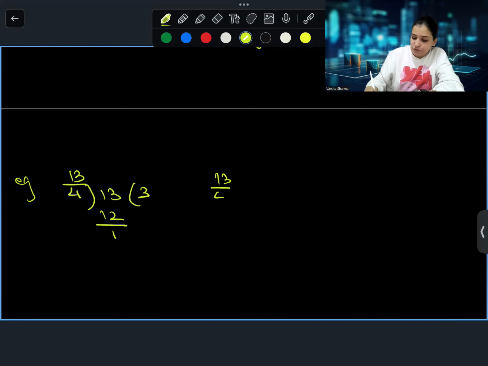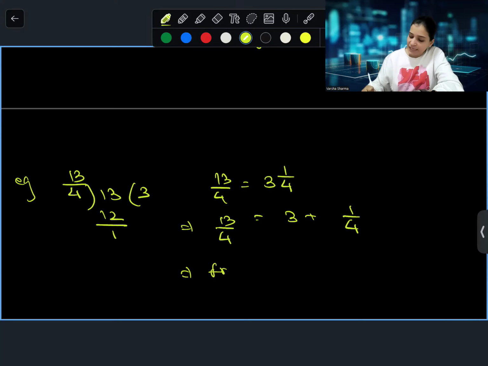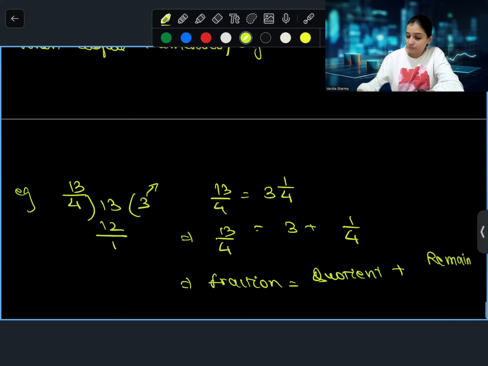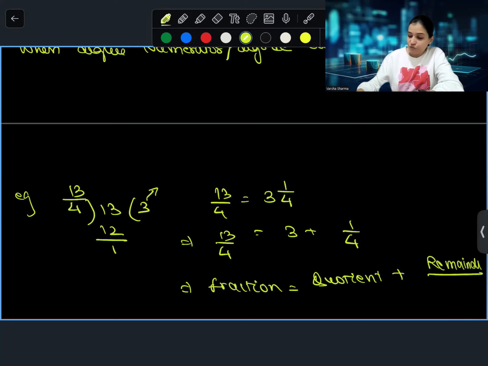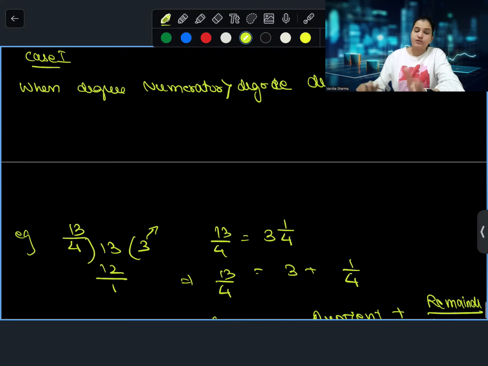So 13 by 4 can be written as a mixed fraction, 3 1 by 4, or I can write this as 3 plus 1 by 4. Yes or no? So the entire fraction 13 by 4 can be written as 3, which is the quotient, plus 1, the remainder, upon 4, the divisor. Yes, that is what I'll also be doing.